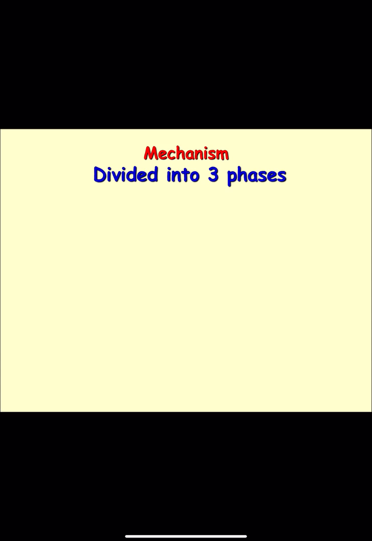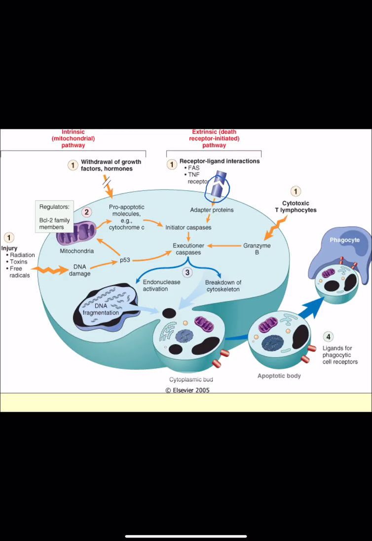And when the link happens between the receptor and the ligand, adapter proteins will be released from the inner surface of these receptors that are going to initiate the caspases that are going to take the cell down the road of apoptosis. Now, as you can see, it would have bypassed the mitochondria in this case. It does not need to go through the mitochondria because it has initiated the activation of the caspases all the way to breaking down the cells.